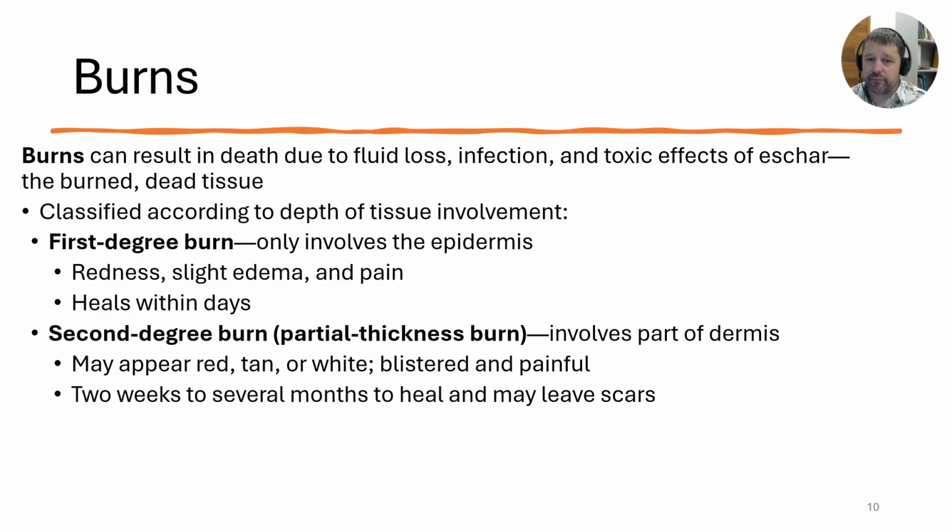A second degree burn, okay, is sometimes called a partial thickness burn. Okay, that means it is all the epidermis and part of the dermis. Remember the dermis is where you have blood vessels. The dermis is where you have hair follicles, where you have your glands, where they originate.